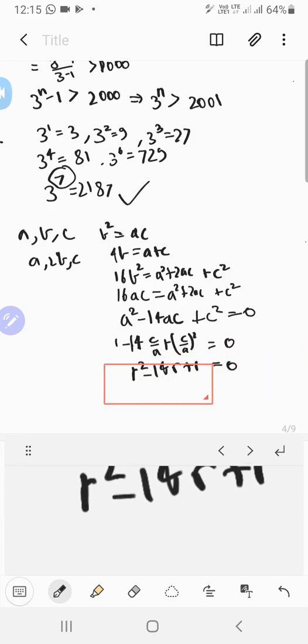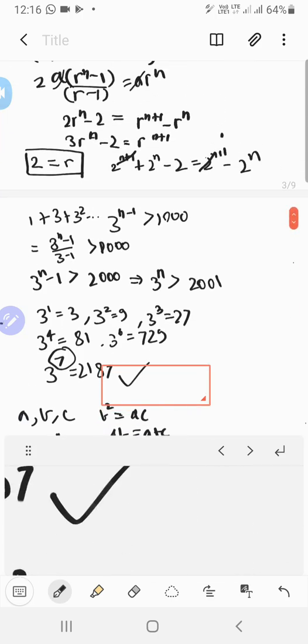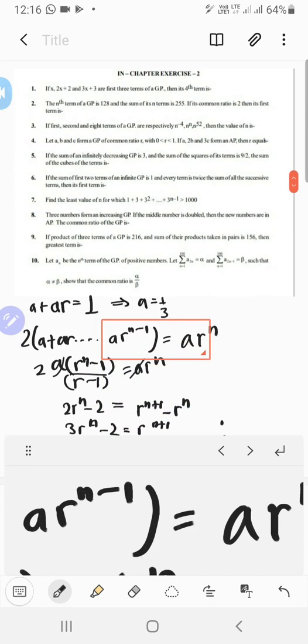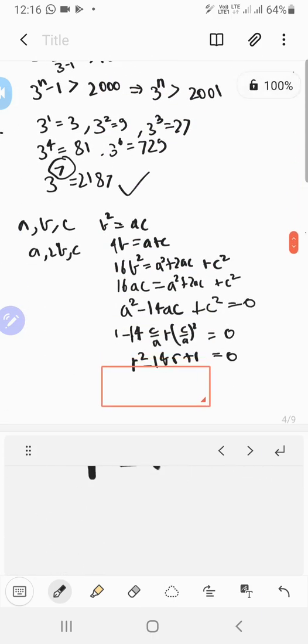Now we just need to use the quadratic formula. I don't think this is correct because we're getting some weird expression for this. If the middle term is doubled, then the new numbers are in AP. The common ratio of the GP is... Okay, that's nice. I think this is correct. So far good.